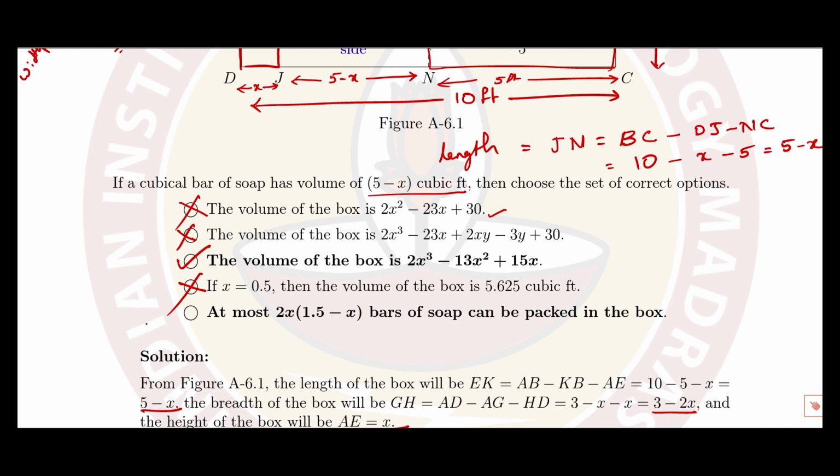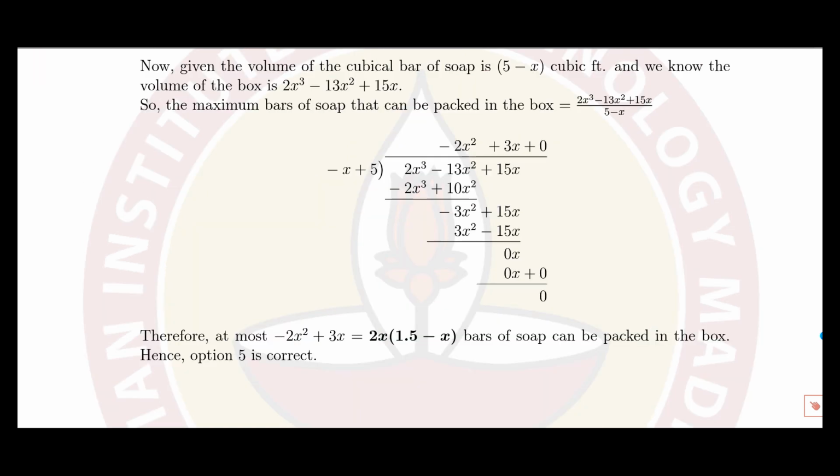So lastly, at most 2x times 1.5 minus x bars of soap can be packed in the box. Now we have the volume of the cubical bar of soap as 5 minus x cubic feet, and we know that the volume of the box is 2x cube minus 13x square plus 15x. So the maximum bars of soap that can be packed in the box is 2x cube minus 13x square plus 15x divided by 5 minus x.